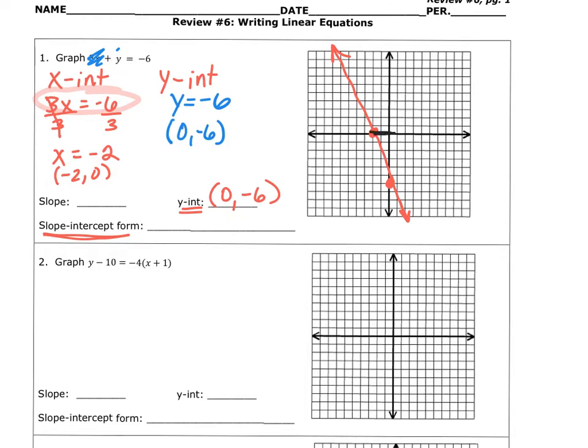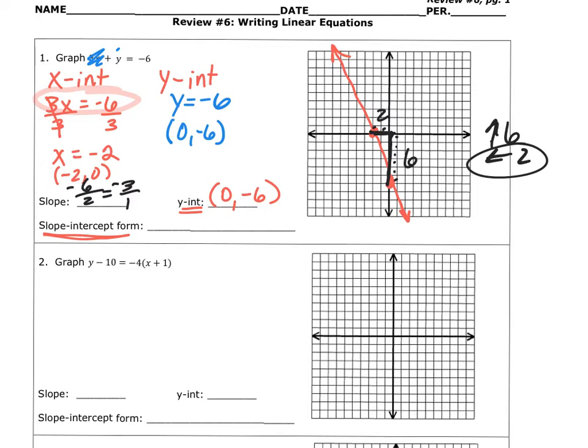To find the slope, I'm just going to draw my triangle between 2 dots. It's 1, 2, 3, 4, 5, 6 as my y change, and 2 is my change on the x. So I know that my slope is 6 over 2, which simplifies to 3 over 1, and that is actually negative, which I could have figured out because I went up 6, left 2, which means I would have to have this as a negative.